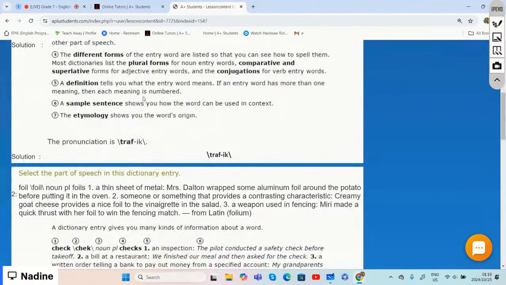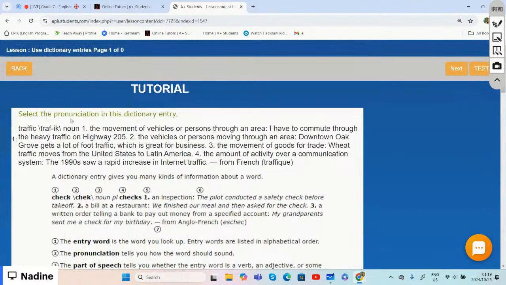All right. So now, if we look at the specific sentence, it says we need to select the pronunciation of the dictionary entry. It says traffic. There we have traffic. That is how we need to say it, or how it sounds. It's a noun, and there we have our four meanings of that word. What is the pronunciation?